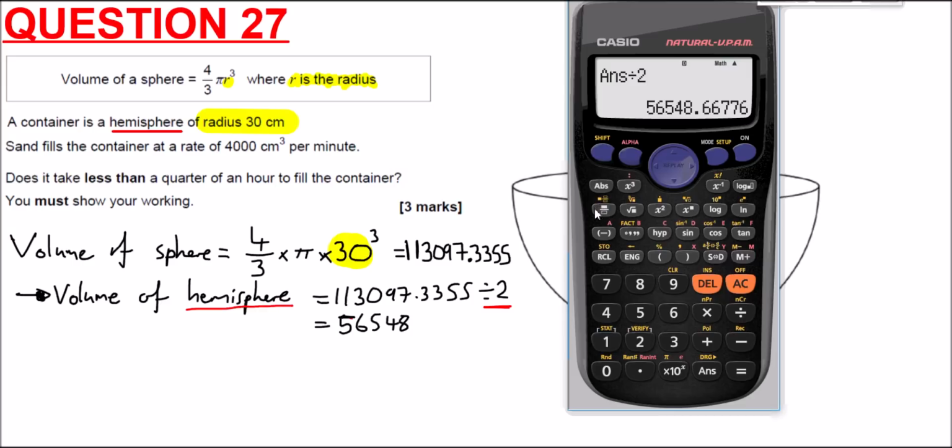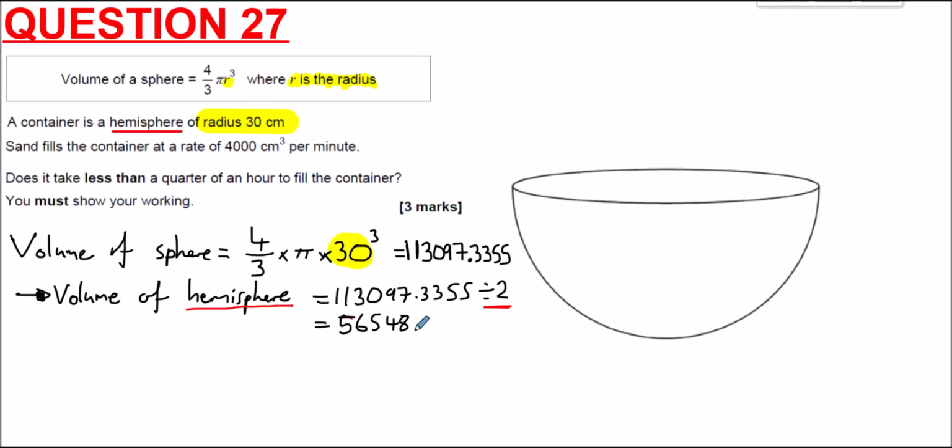If you're not sure whether to or not, only ever round off at the very last step, just before you put your final answer down on the answer line. And the units for volume, because we've used centimetres going in, we'll have cubic centimetres coming out.